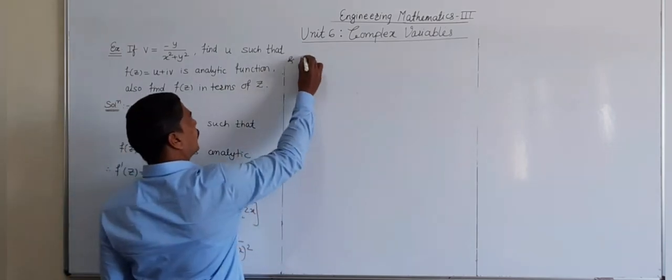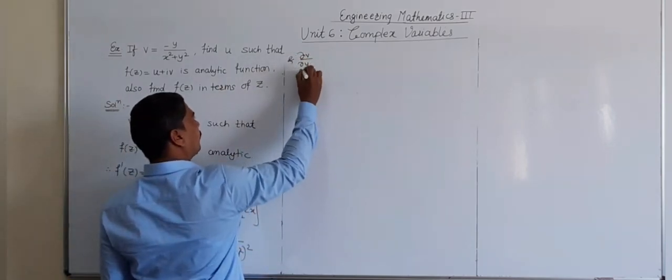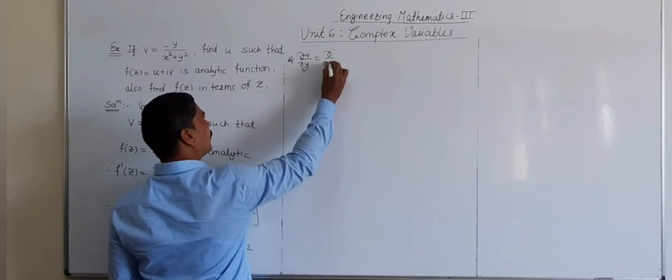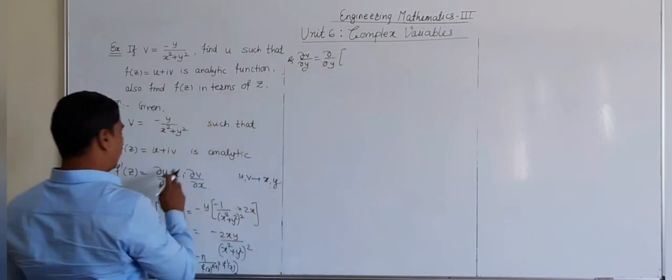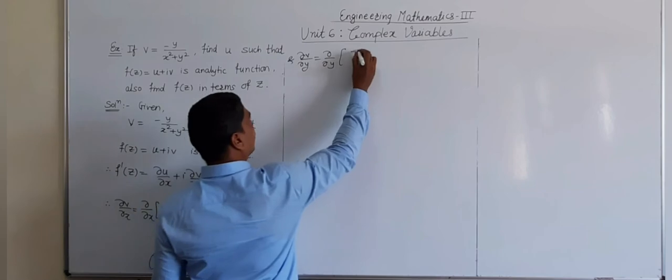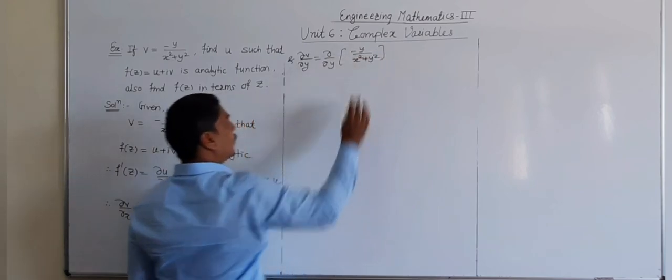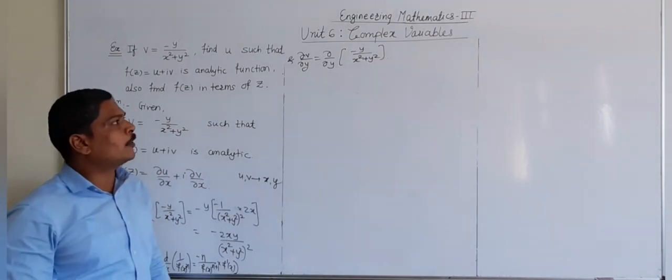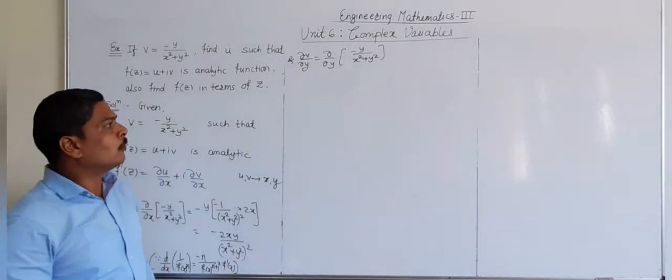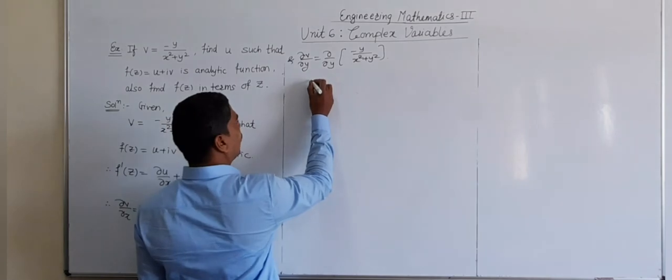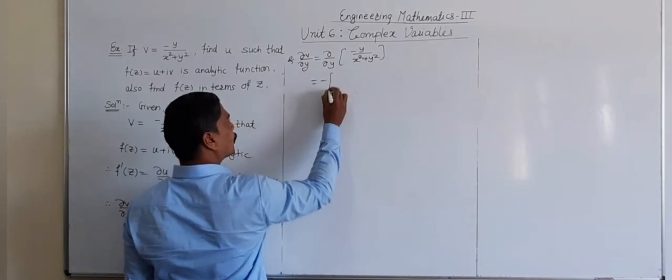Similarly, partial derivative of v with respect to y becomes partial derivative with respect to y of v. v is minus y divided by x square plus y square. Here in the numerator as well as in the denominator variable y is present, so we are using here the quotient rule.